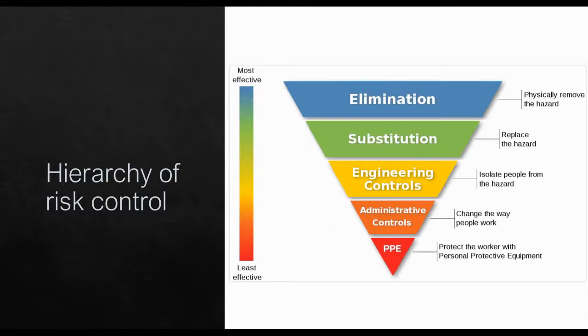As we can see, the elimination is the highest, because the elimination is the most effective way to control the risk. We have to eliminate that hazard. Sometimes that hazard can be eliminated. For example, there is a big tree in a particular area.